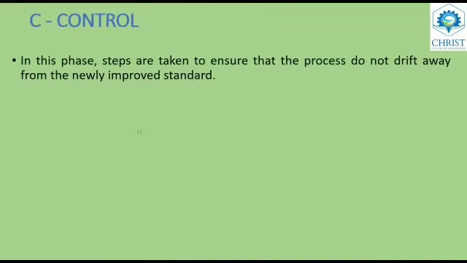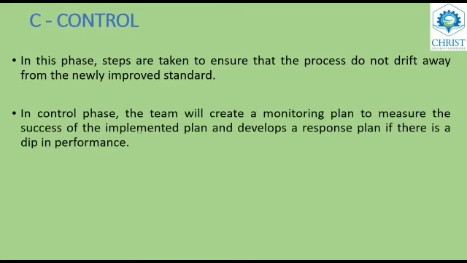So last one is C for control. So in this phase, steps are taken to ensure that the process does not drift away from the newly improved standard. Okay, so we have implemented the newly improved idea or standard. So here in the C or control, steps are taken to ensure that the process does not drift away from the newly improved standard.